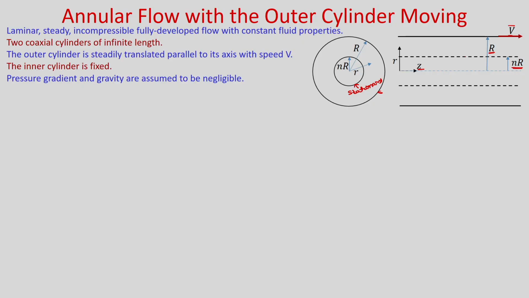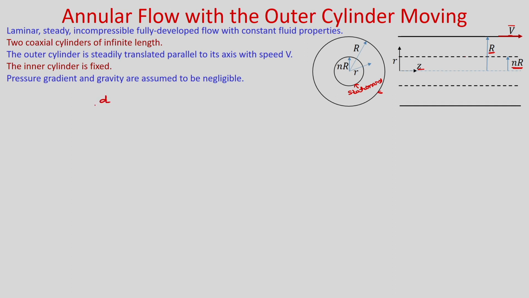Now first we will derive the velocity distribution, then the volume flow rate, and then with the limiting case we will see what happens if the inner cylinder is not there and if the inner cylinder radius is almost close to the outer cylinder radius. First, let us start with the governing equation.